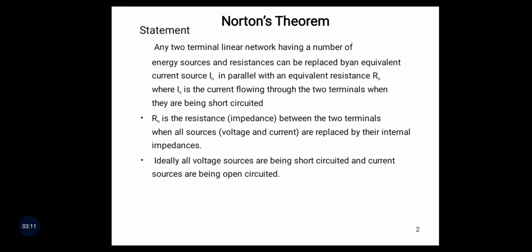The Norton's theorem replaces the network by a current source, the short circuit current across the terminals. We short circuit the element, then find the current. That current is called Norton's current.